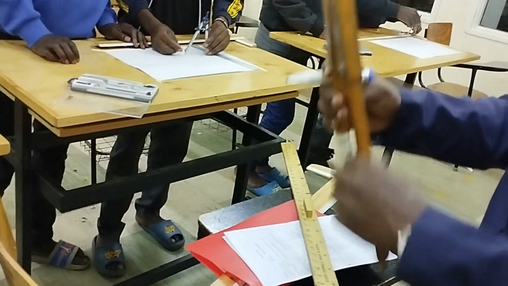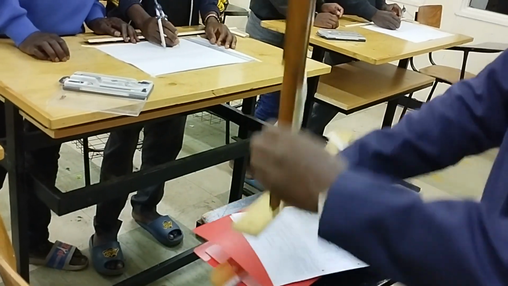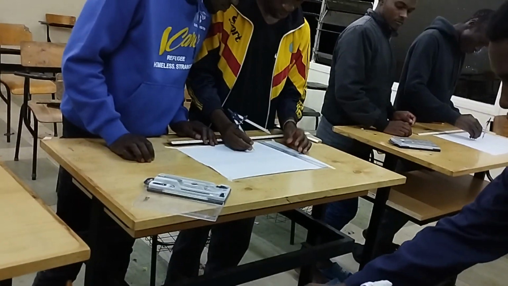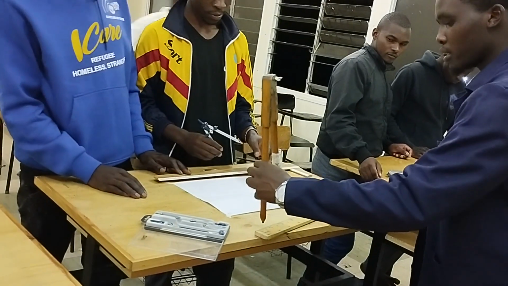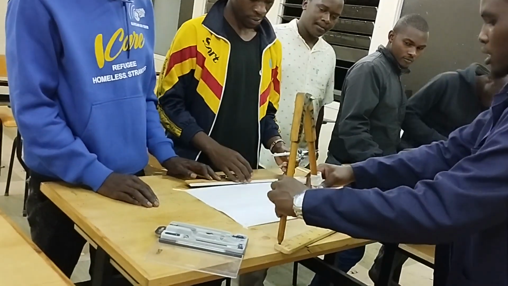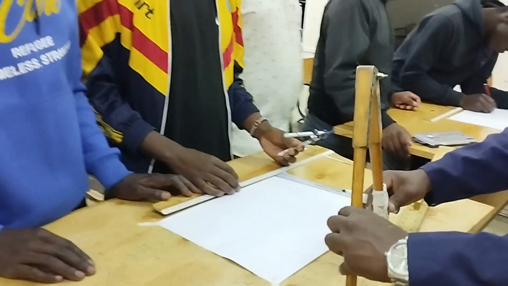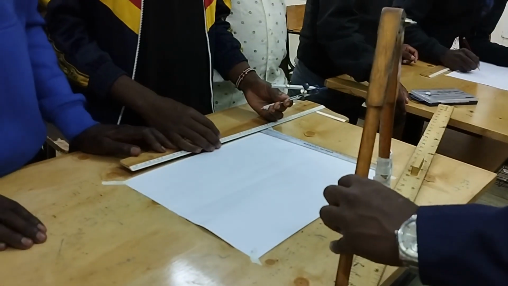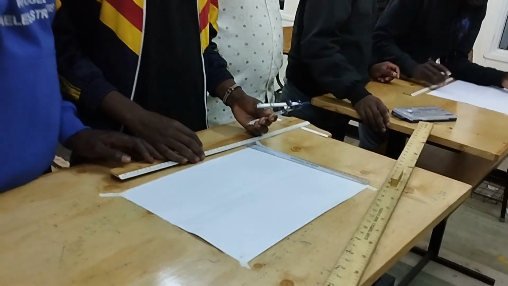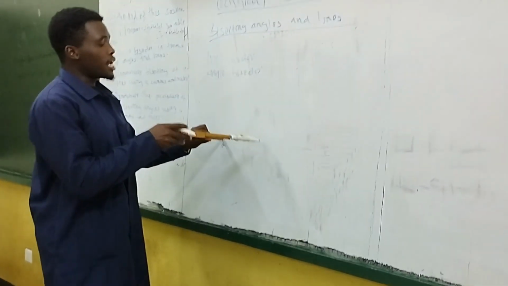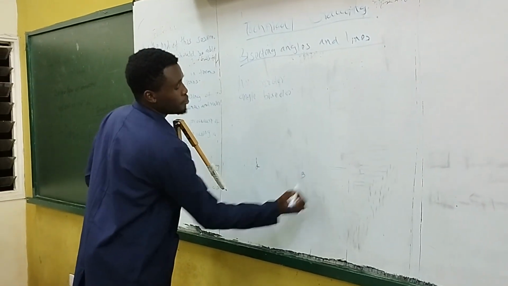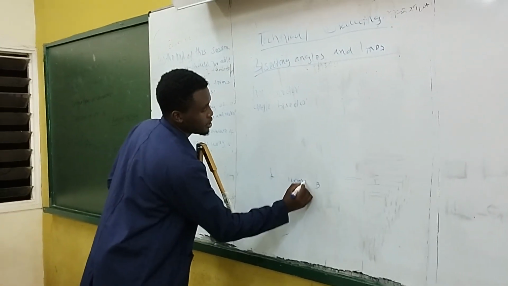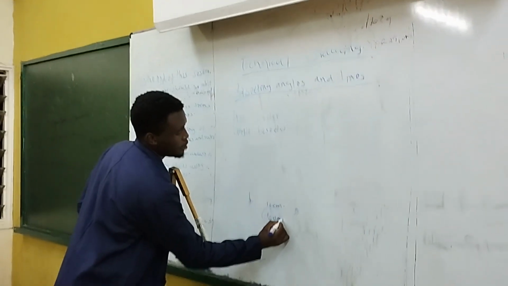You take your compass, using your straight edge, and measure 10 centimeters. Using this length, come to your starting point and make an arc on your straight horizontal line. Let's call it B. This is 10 centimeters, which is equivalent to 100 millimeters.